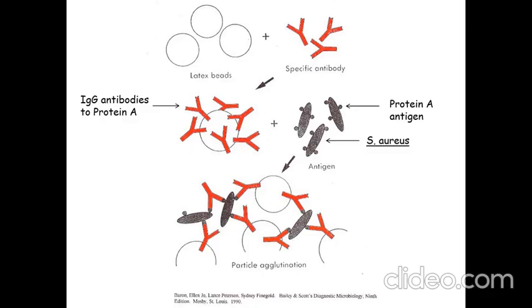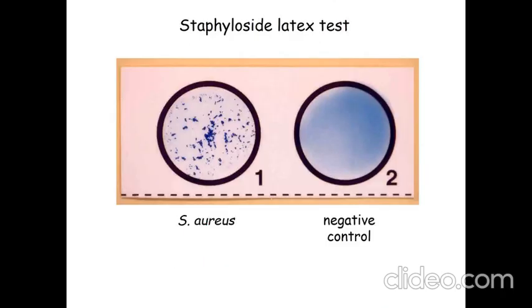Let's use our imagination on this one. But these are Staphylococcus aureus organisms, and they have that protein A antigen on there. So these IgG antibodies are going to start attaching to it, and when they do that, we get particle agglutination. This particle agglutination can be visualized then. And it is a beautiful thing.